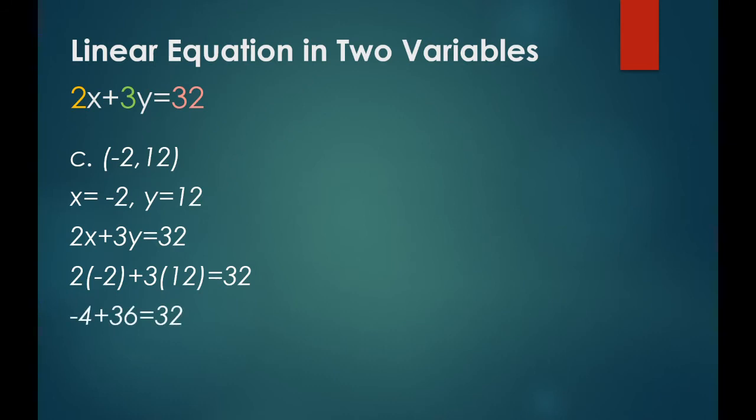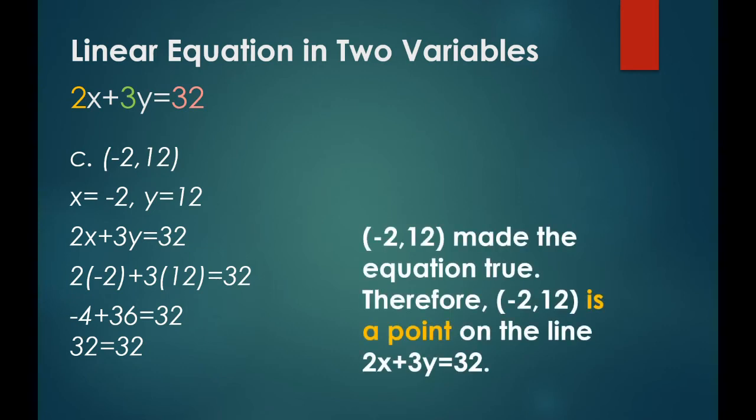And remember that if we add integers of unlike signs, then we have to subtract. So 36 minus 4 equals 32. It is again equal to the constant 32. So it is true. Negative 2 comma 12 made our equation true. Therefore, it is a point on the line.